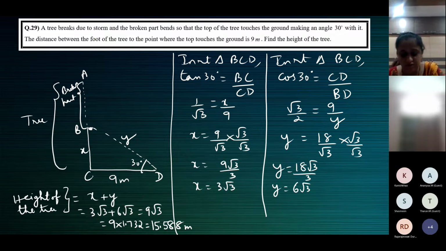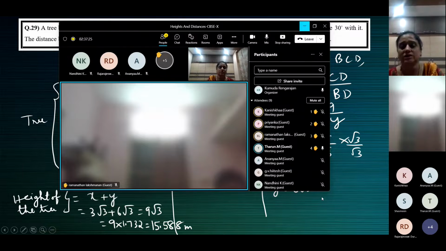Shreys and Nandini, is it fine? Yes, ma'am, I got it. What about Shreys and the others? Tarun, Hitesh, Raja, Rajeshwari, Kanishka, Priyanka, Ram.